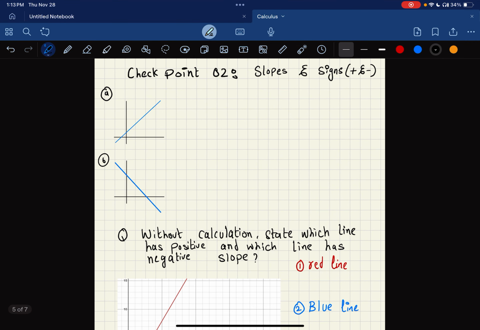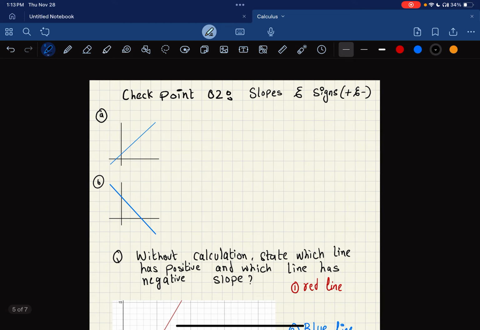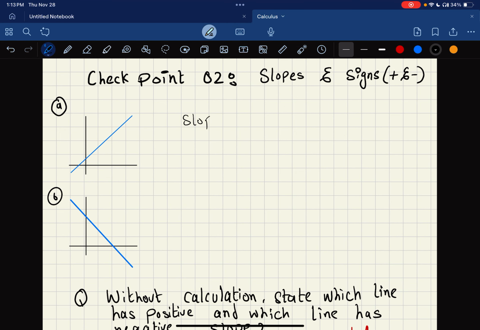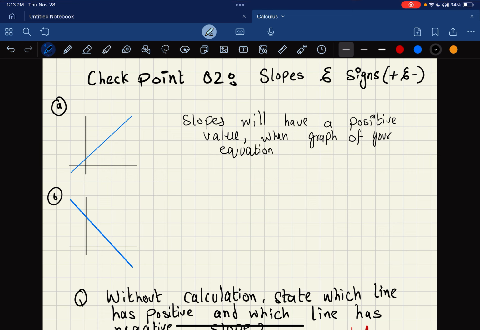Now, another important idea that you have about slope is the fact that whatever slope you calculate, slopes will have a positive value when the line, when the graph of your equation is going up.